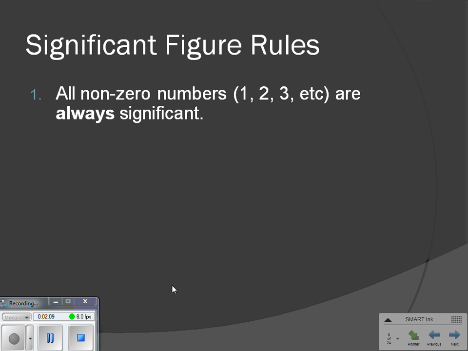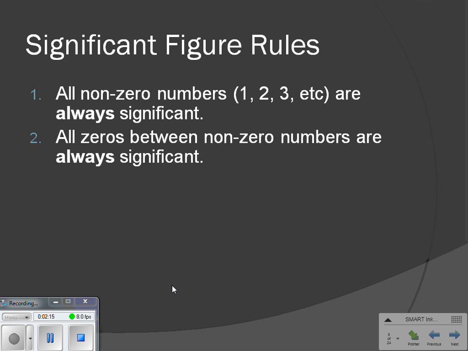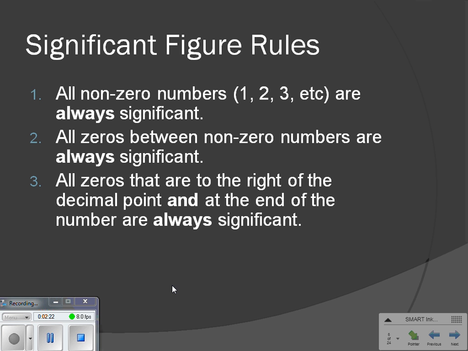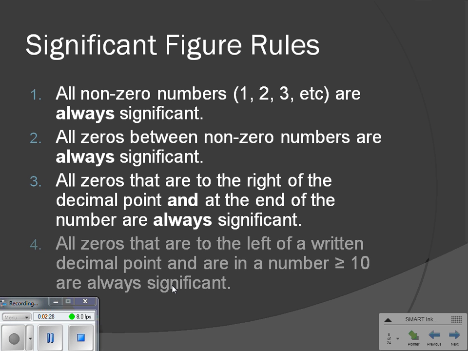All non-zero numbers are always significant. All zeros between non-zero numbers are significant. All zeros to the right of the decimal point and at the end of a number are significant. And all zeros that are to the left of a written decimal and are in a number greater than or equal to 10 are significant.